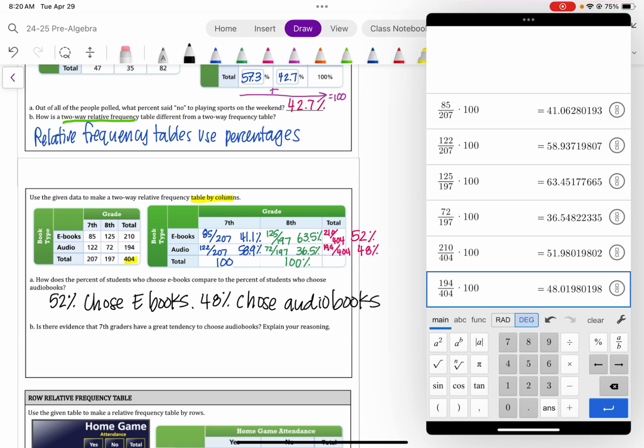The next question says, is there evidence that 7th graders have a tendency to choose audiobooks? Explain your reasoning. So we're going to look at the 7th graders, and then we're going to look at audiobooks. So in the column of 7th graders, I can see that 41% of 7th graders chose ebooks and 58.9% chose audiobooks. So we can say yes.